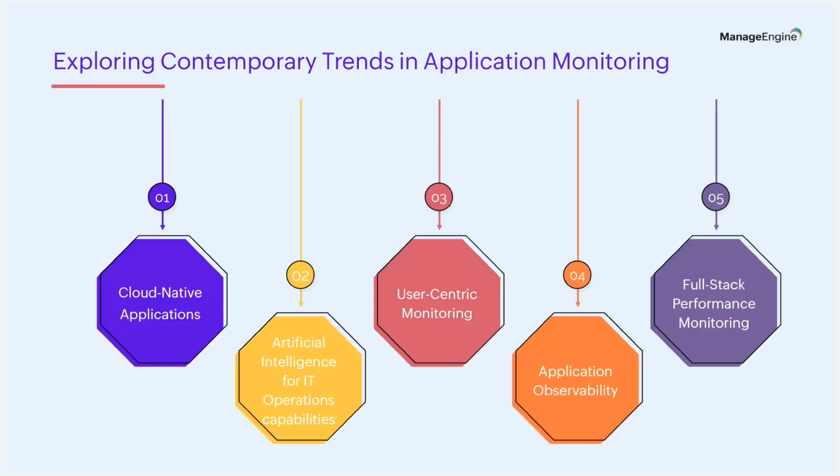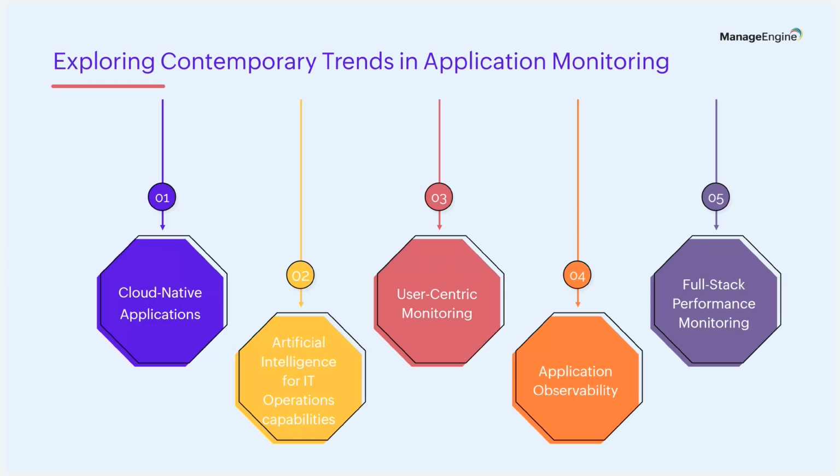In order to understand that, here are some of the contemporary trends in application monitoring. The first trend is cloud native applications. Many large enterprises are moving their applications to the cloud. These applications use microservices such as Docker and Kubernetes, which help them to have a scalable, flexible, and efficient environment.